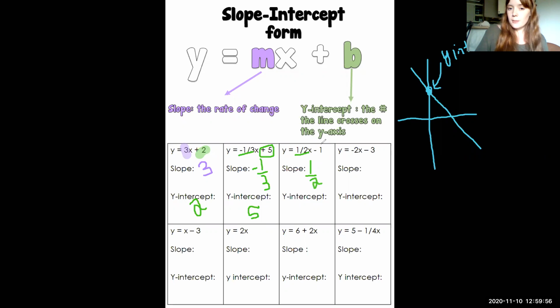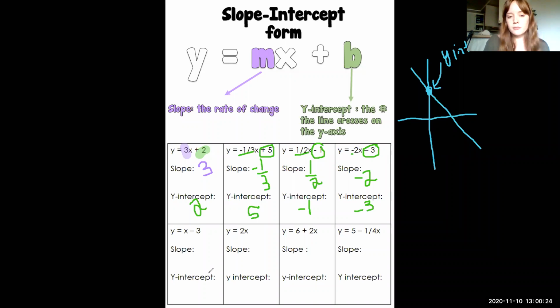And the y-intercept is -1. The next one, the slope is the number in front of the x, so it's -2. And the y-intercept is -3. I know it's -3 because the original equation has a plus sign in it.